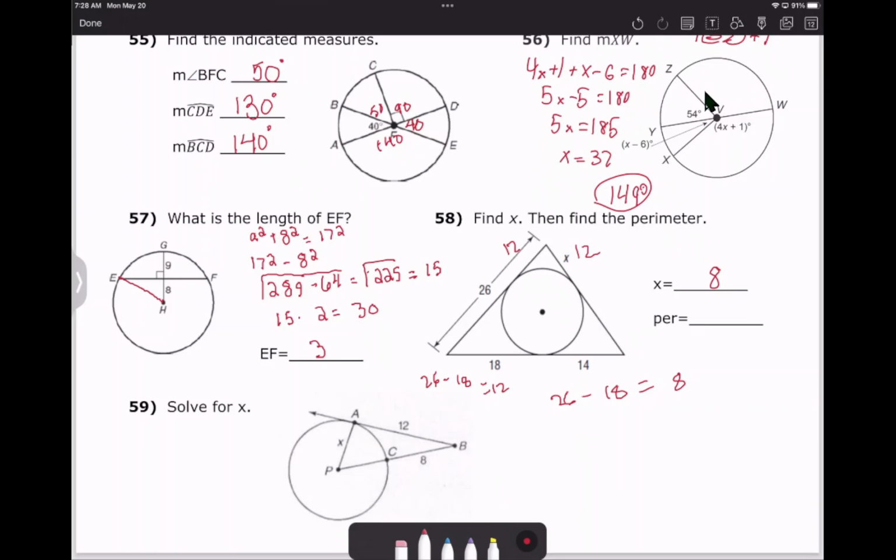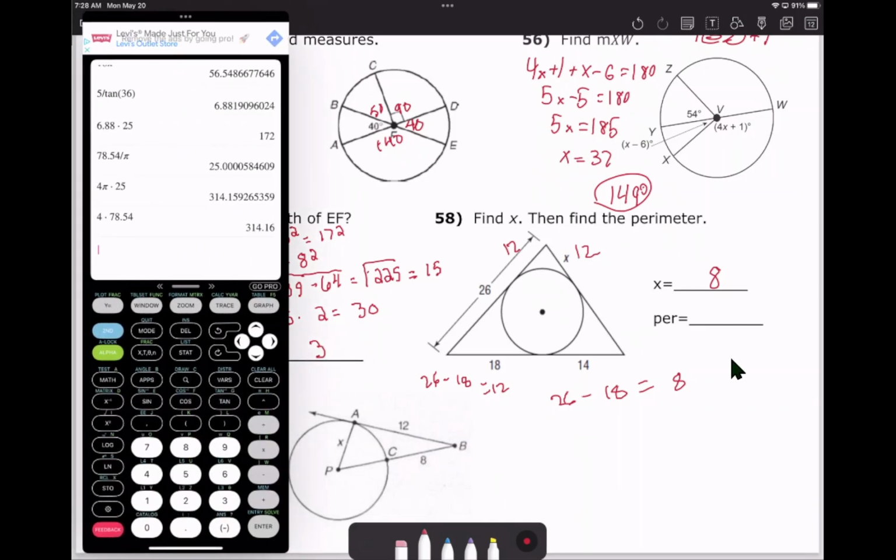See this little tab over here? Right over there's your calculator. That gives you 80. So our perimeter is 80.